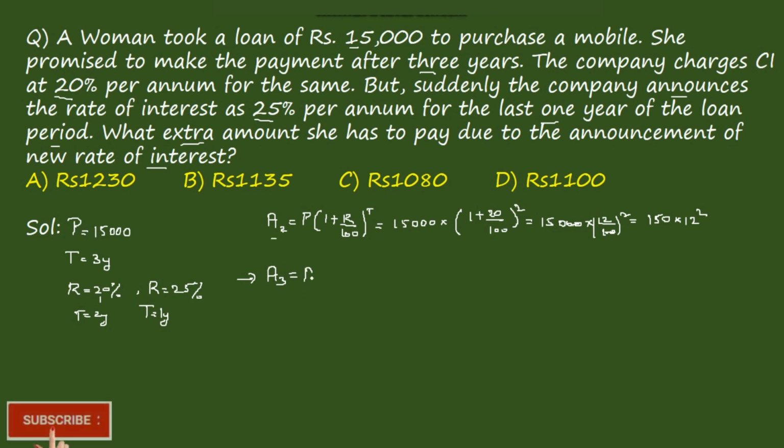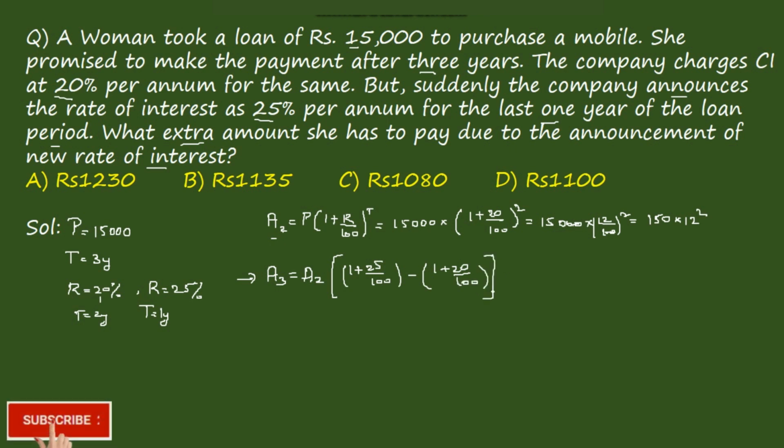So it becomes A2 into, here the rate has been changing. We have to find the extra amount. So just subtract both the rates. It becomes 1 plus 25 by 100 minus 1 plus 20 by 100.